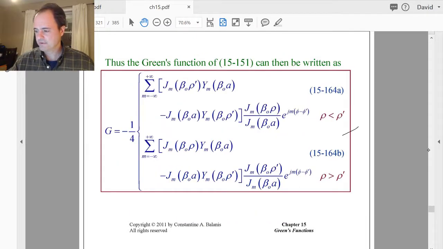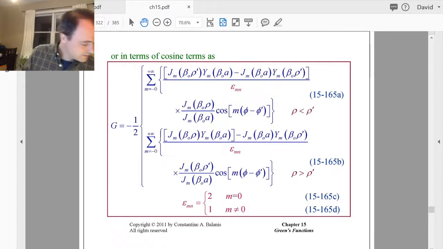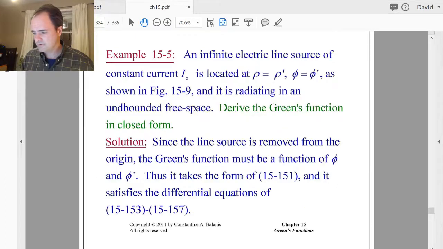And this is what we have for the capital G. And then with the capital G, we can use that with the original equation to figure out what the E_z is as a function of current, I_z.